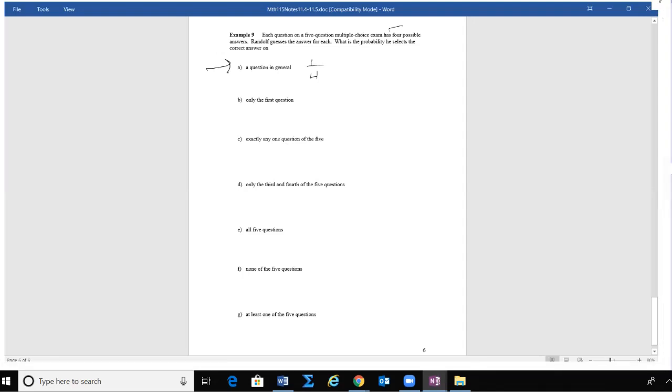Now what about the probability that he gets, second part, only the first question correct? Okay, only the first question. That means he wants to get the first one right, only the first question.